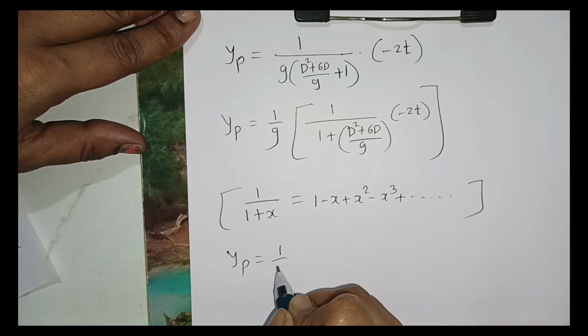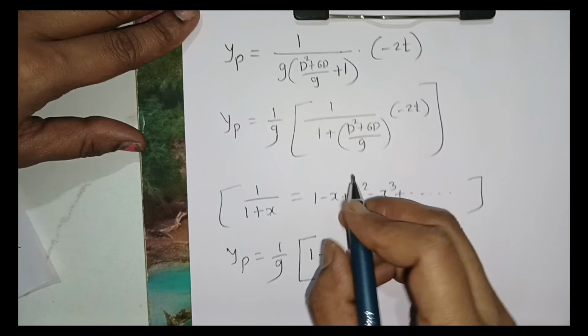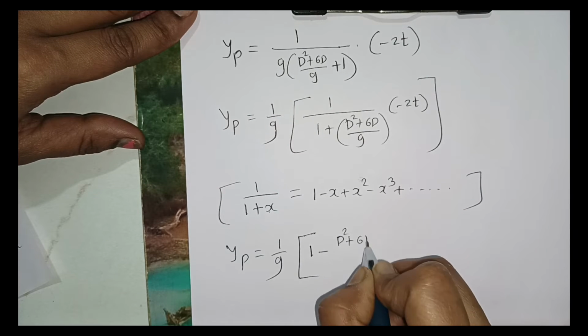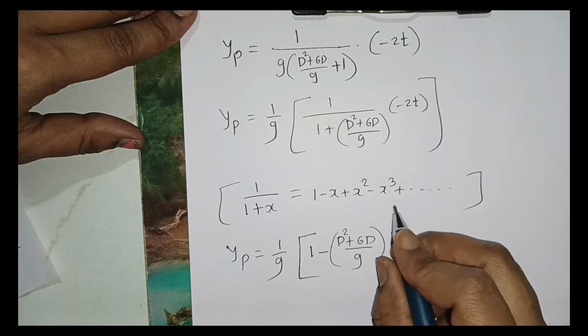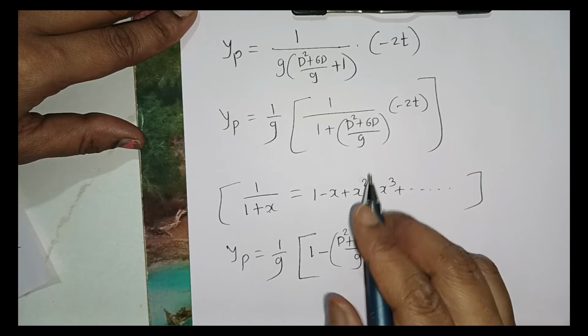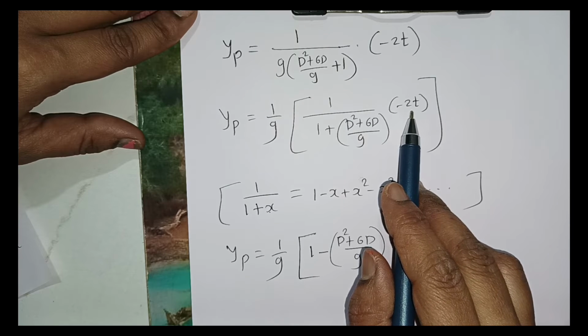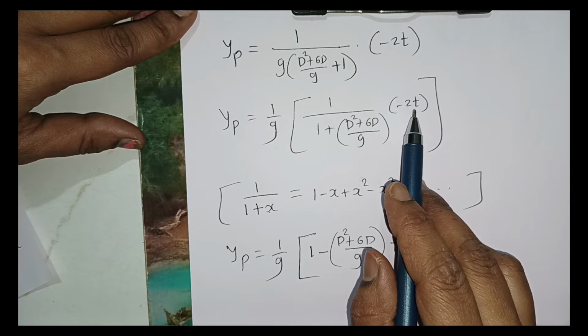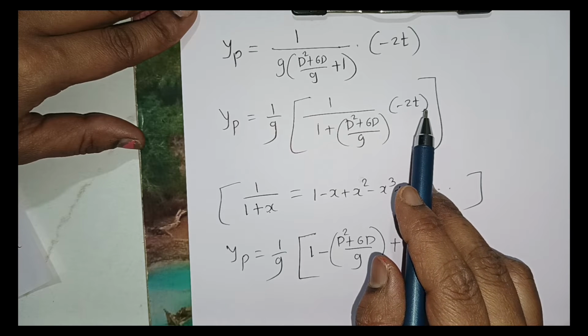So yp is equal to 1 by 9 times 1 minus x, where x is D square plus 6D by 9, plus all further terms. Now you have minus 2t as your polynomial, and this is a linear polynomial, so its first derivative is non-zero, but the second derivative and all onward derivatives are 0.